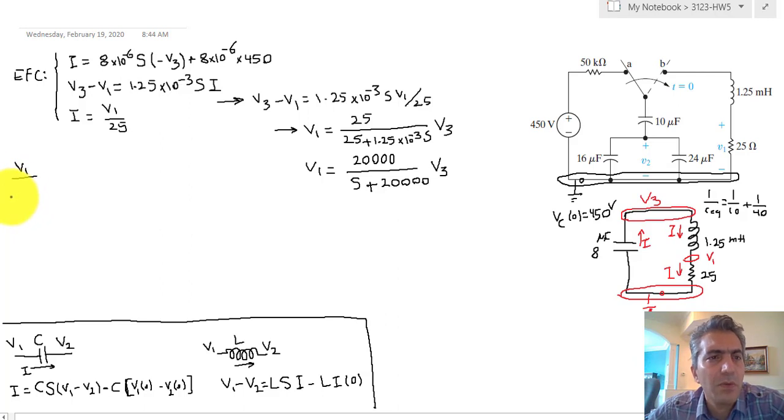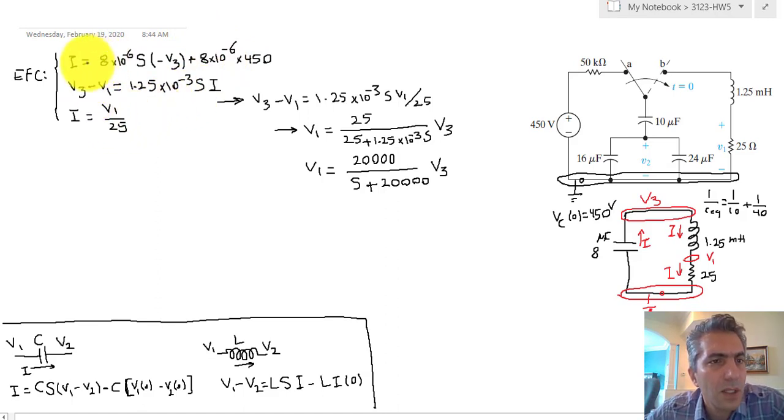Actually, before doing that, we can also do the same thing that we did here, dividing both sides of this equation by 8 times 10 to the minus 6, in other words, multiply both sides by 10 to the 6, which is going to help get rid of these small numbers. So I'm going to do that before.